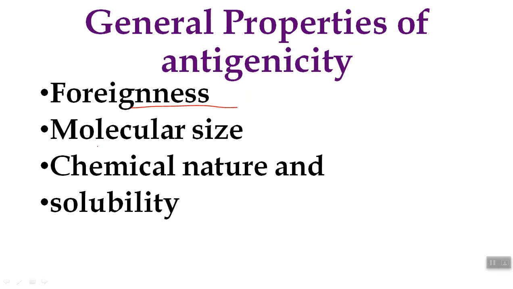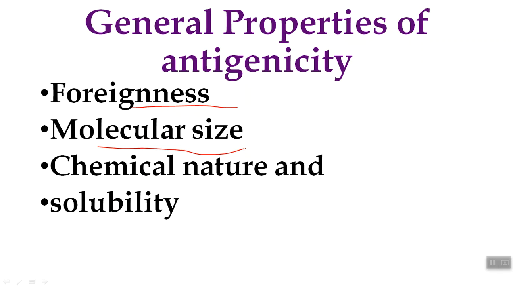Next, coming to the molecular size. For a substance to be considered an antigen, it must have a minimum molecular weight. To be an effective antigen, it should have a molecular weight of more than 10,000 Dalton.